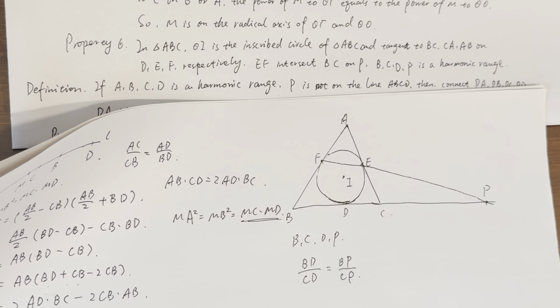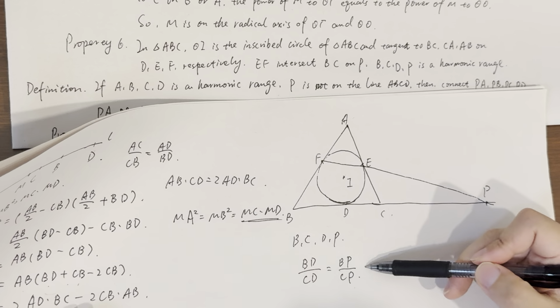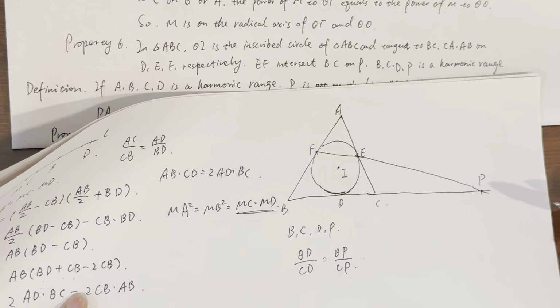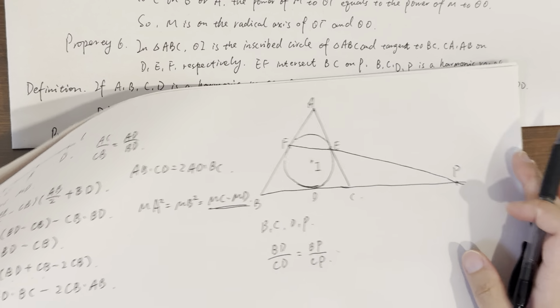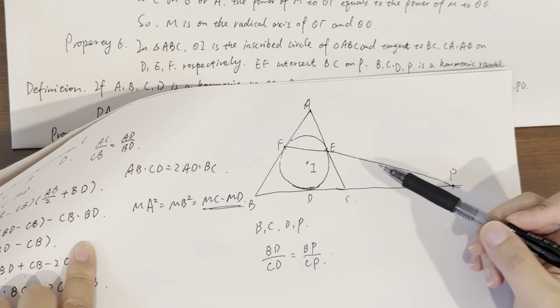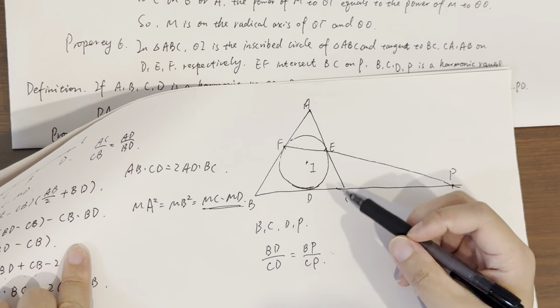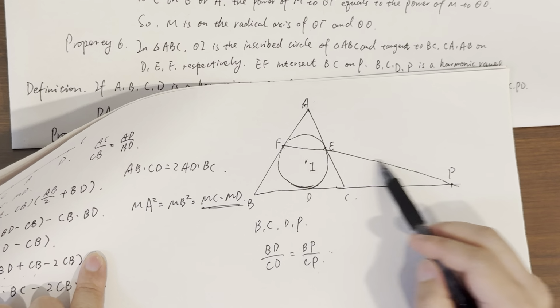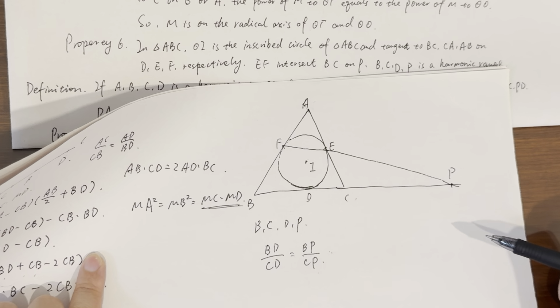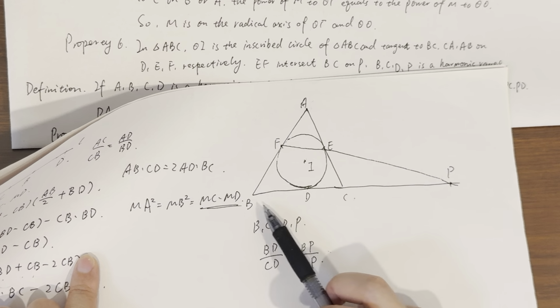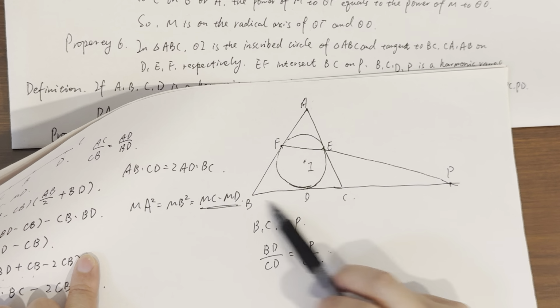How can we do that? The very straightforward thing is that we can just use Menelaus' theorem, because this is a triangle, this is an intersecting line, and we have BD, CD, BP, CP.